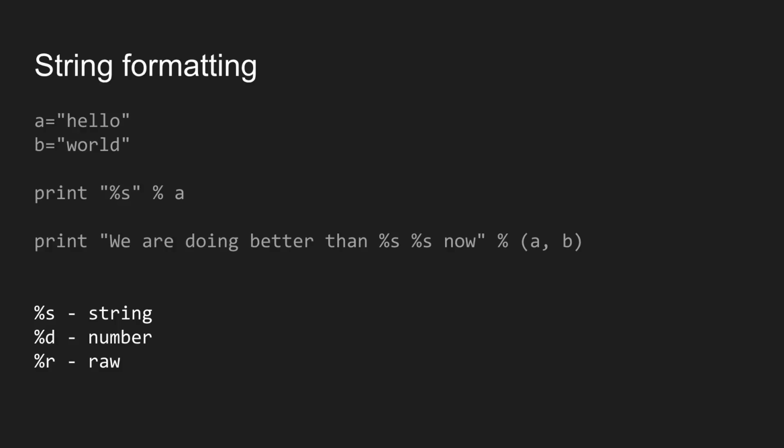We call it out basically with a modulus sign and then A. If we need to do multiple items, we have to put them in a comma-separated list within parentheses. It's going to do it in order, so the first %s is going to be A, and the second %s is going to be B. The reason you're doing this is that sometimes you have a variable assigned somewhere and you want to print it out.